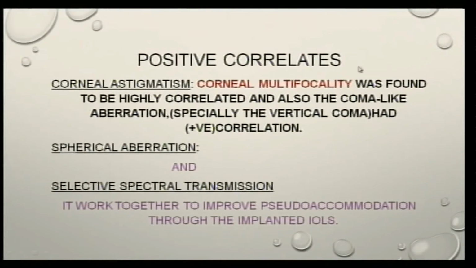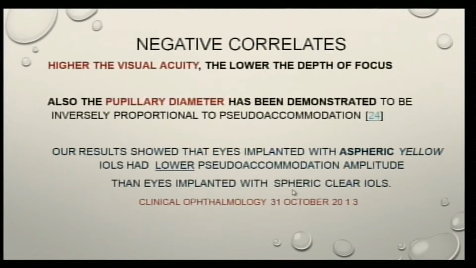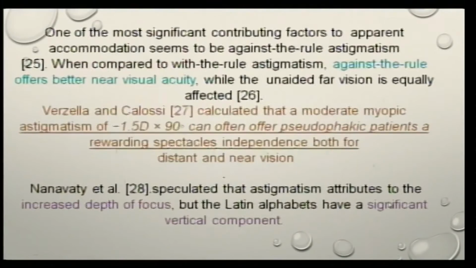There are certain positive correlations and certain negative correlations. The higher the visual acuity, the lower the pupillary diameter, and the important thing is that asphericity and yellow IOLs show lower pseudo-accommodation.